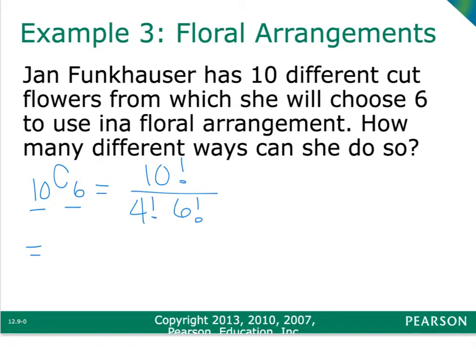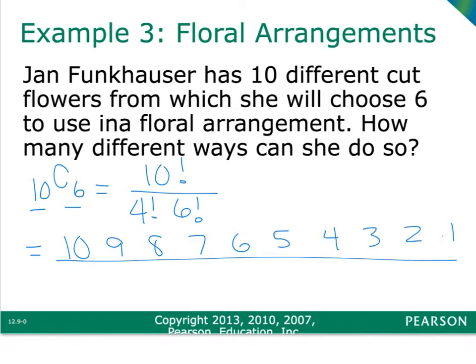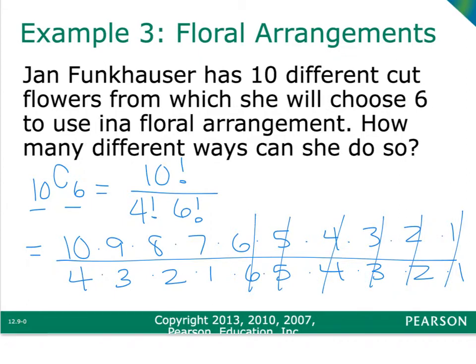If you're doing this by hand, you would write out 10, 9, 8, 7, 6, 5, 4, 3, 2, 1, all multiplied together. In the denominator, 4, 3, 2, 1, times 6, 5, 4, 3, 2, 1. Your 6, 5, 4, 3, 2, 1 will cancel. Dividing by 1 doesn't do anything. 3 times 2 is equal to 6.